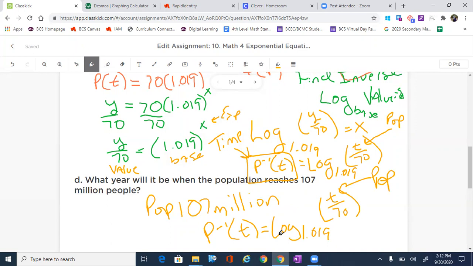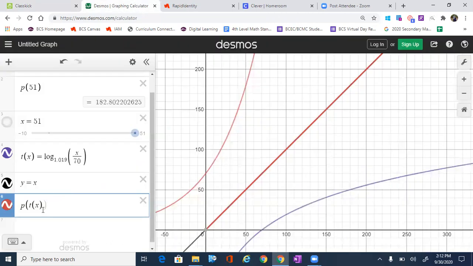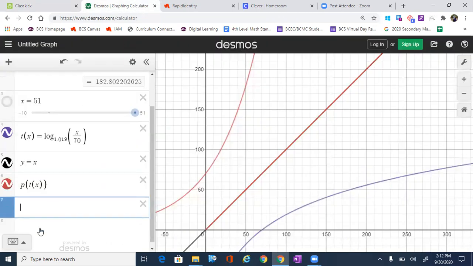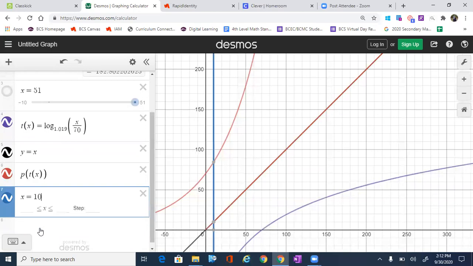That is the x value of that equation. So what I want to do is find out when t is equal to 107, or on Desmos, x is equal to 107. So I'm going to come over here, type x equals 107, okay?